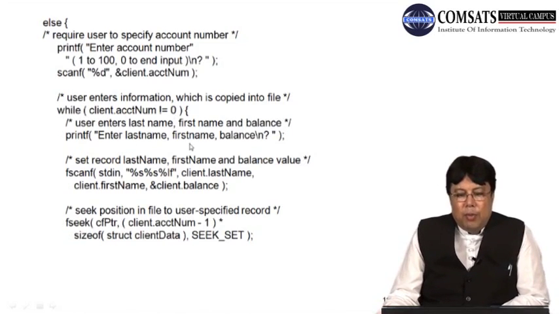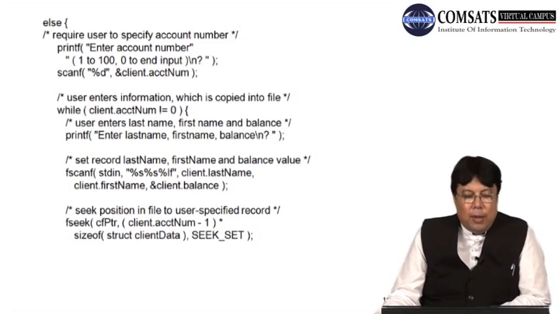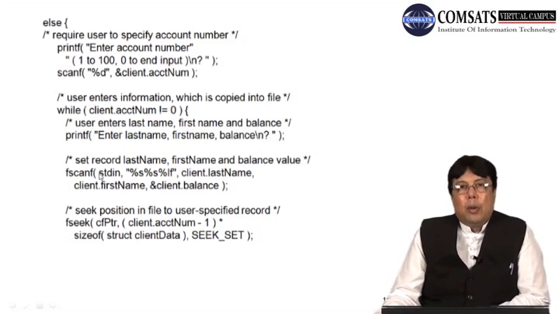Then enter last name, first name, and balance, for the account number that you have already read outside. You will read from stdin, because you are providing the data from the keyboard. Now instead of using the scanf function, we are using the fscanf function to create a symmetry between read and write, because we would like to write it with the help of fprintf, and we would also read it from the file next time when we update it.